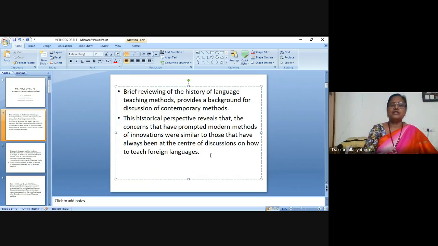This historical perspective reveals that the concerns that have prompted modern methods of innovations were similar to those that have always been at the center of discussions on how to teach foreign languages.